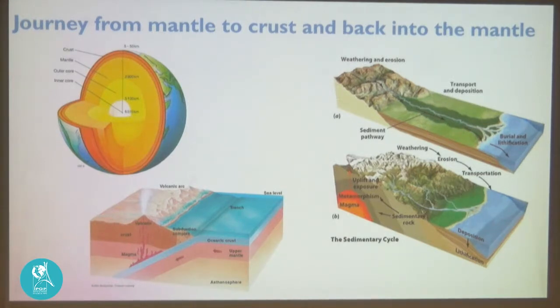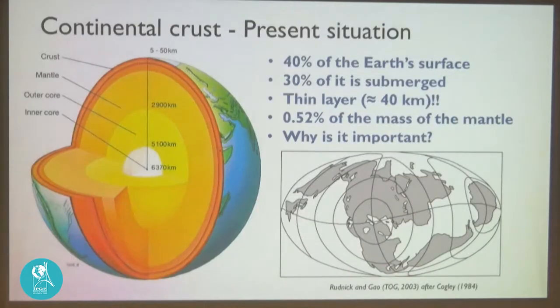So I'm going to start with the continental crust and the present situation. Today, in the Earth, the crust is the very thin layer at the top.